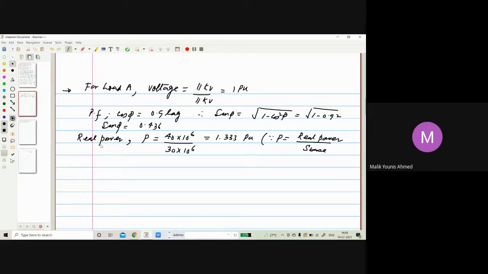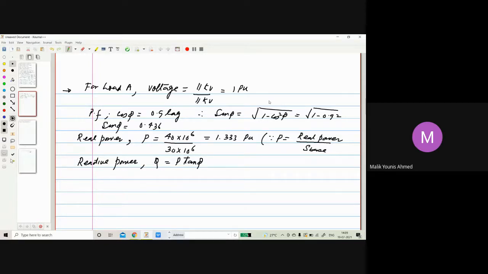Okay. So reactive power we can find from here. Reactive power is given by Q, and Q we know already, that is P into tan phi. That expression we have already derived.